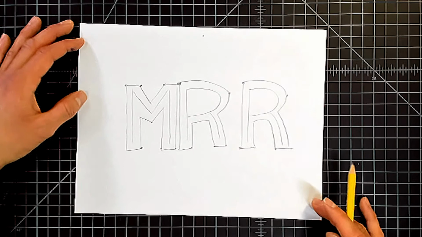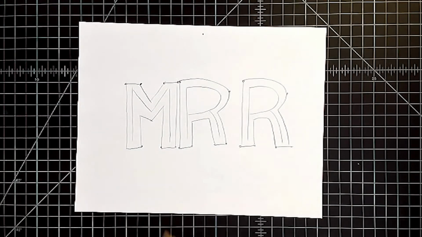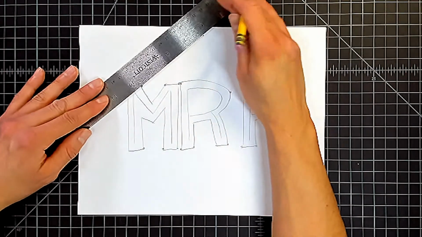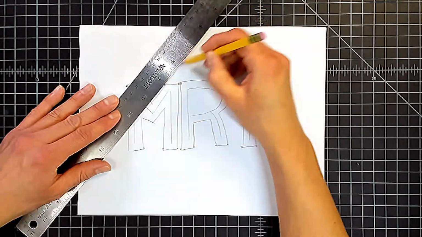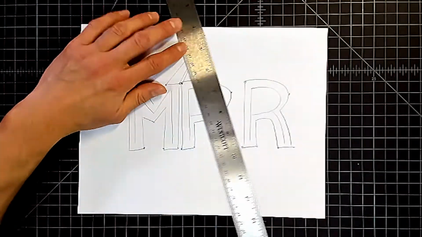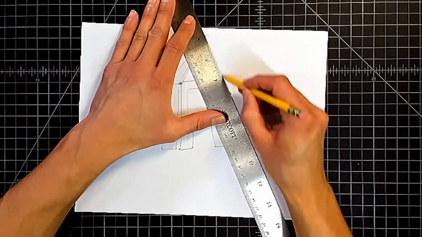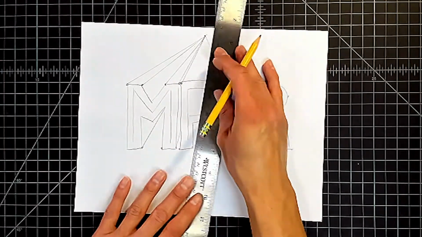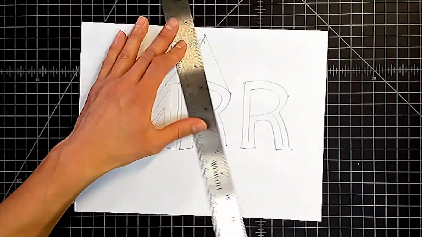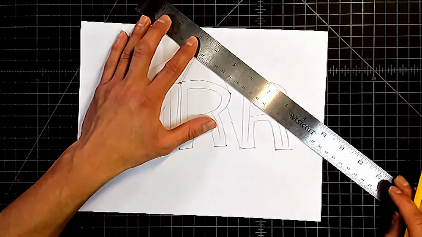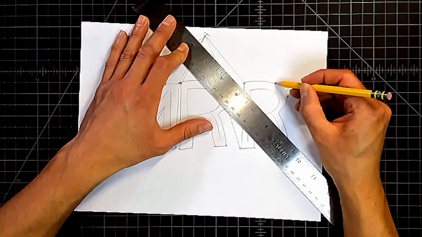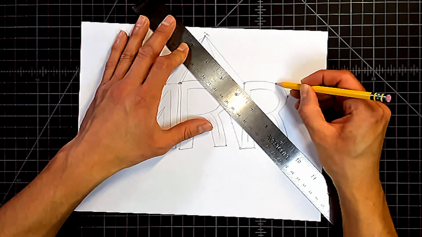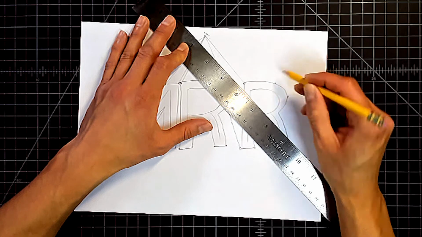Maybe even those we don't have to draw. Let's see here. Okay, so you're going to connect each of those corners to that vanishing point that we drew. And so this is the top edge here of this letter R. Maybe we could move this dot here to the top part.